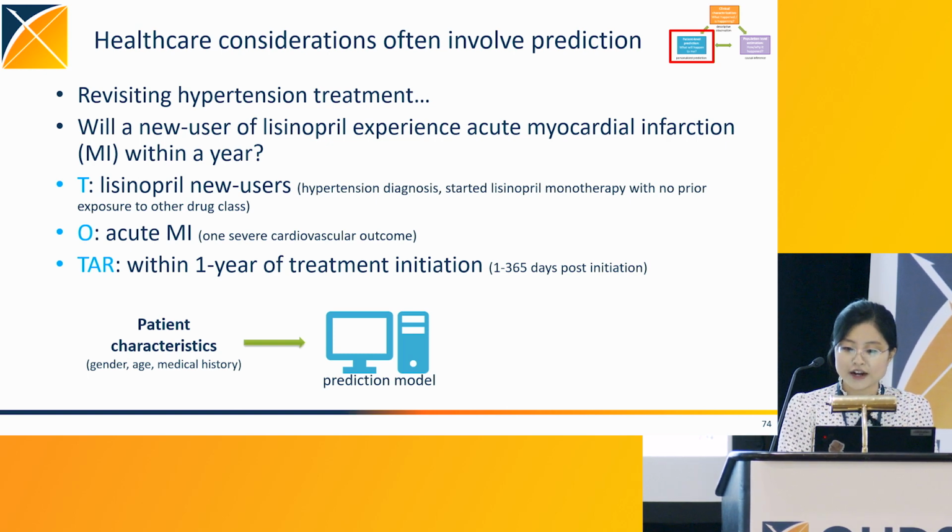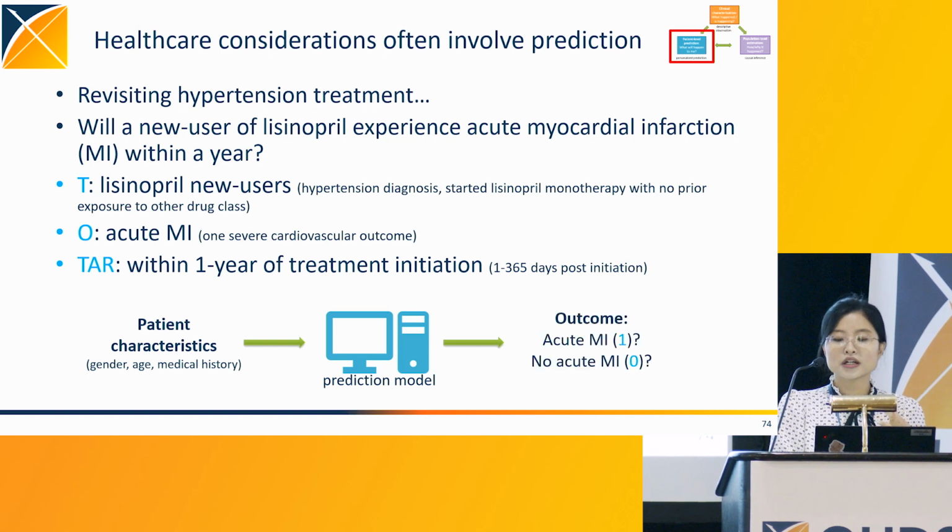This can be whatever binary classifier or binary predictor that you can think of. You put that information in with respect to the T, O, and time at risk that we have just specified, and the model can output a prediction on whether or not the patient will experience acute MI within 1 year. So that's the abstract template, the framework, and the nature of the problem.